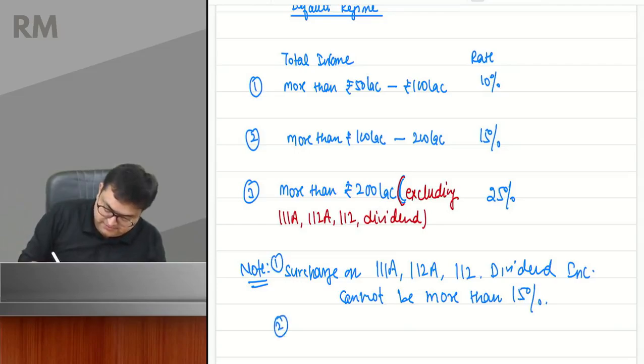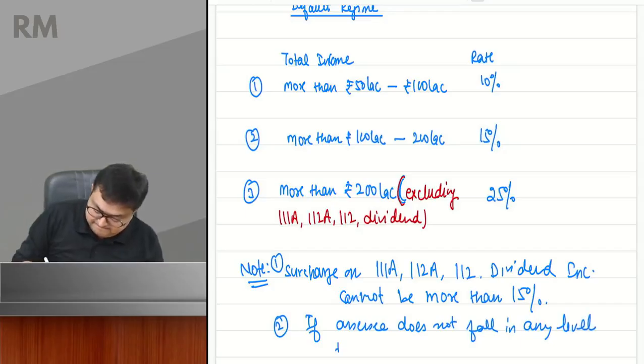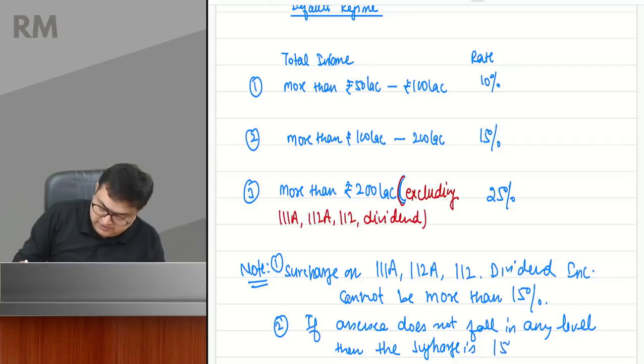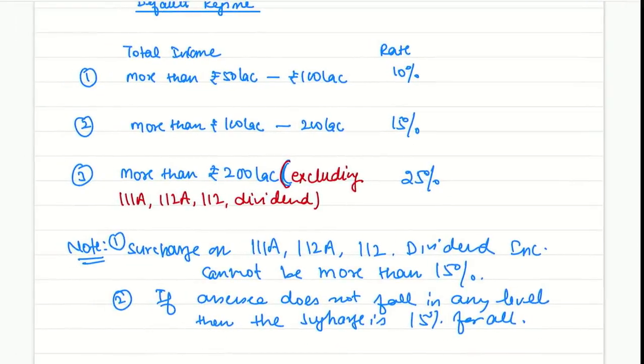Second note, if assessee does not fall in any level, then the surcharge is 15% for all. Please write it. Let me know once done.